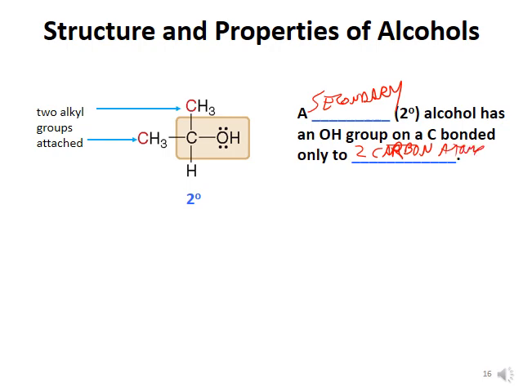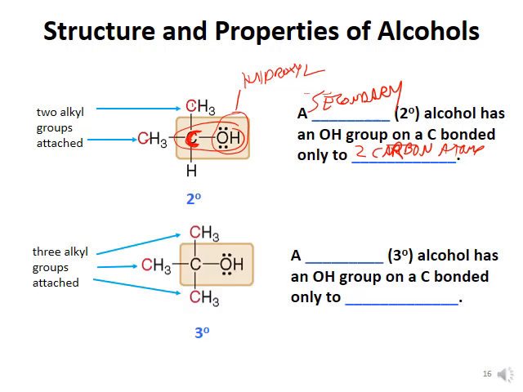Okay, so if that is the alcohol, a lot of people circle that as the alcohol, and that's not right. That's a hydroxyl group. An alcohol is the hydroxyl group bonded to the carbon, and that carbon is where we're deciding whether it's secondary or primary. Since it has 2 carbons attached, that makes it secondary.